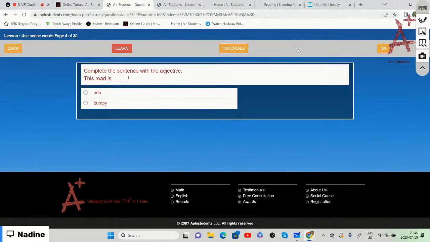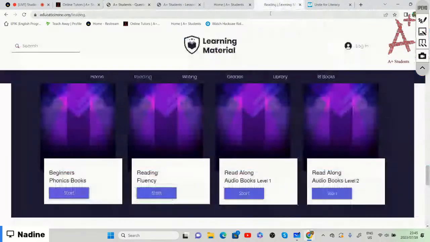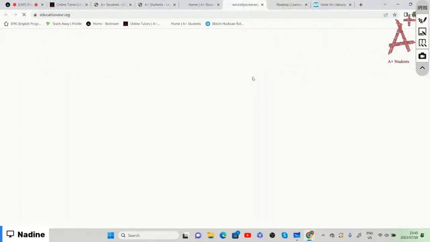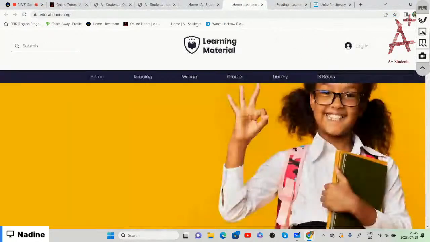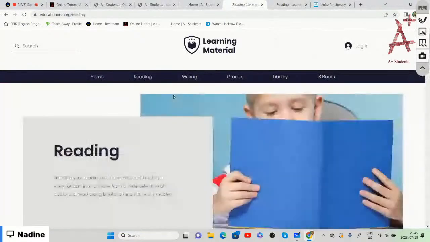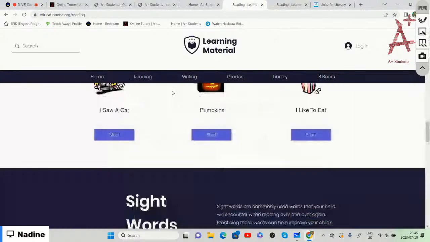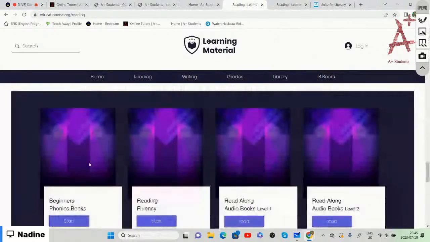Before we end our lesson, we are going to A Plus Classes dot CA. Going to learning materials. Once we are at learning materials, we're going to reading. We're going to scroll right down until we get to the four purple boxes, right?